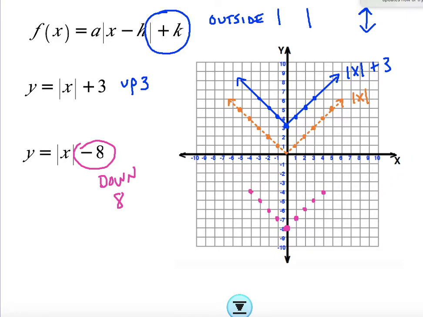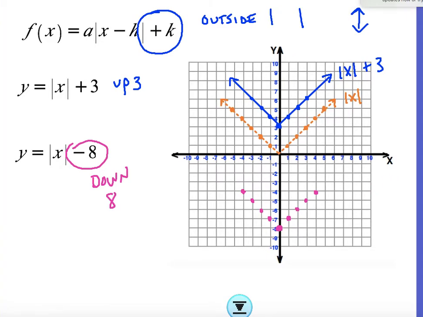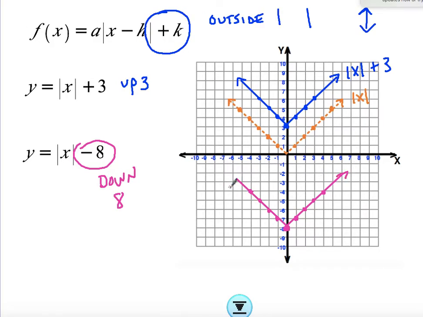Okay, that's probably good enough. And then I'm going to connect my dots. Put arrows at the ends. And this was the absolute value of x minus 8. It went down. Okay, so that's just your shifting up and down.